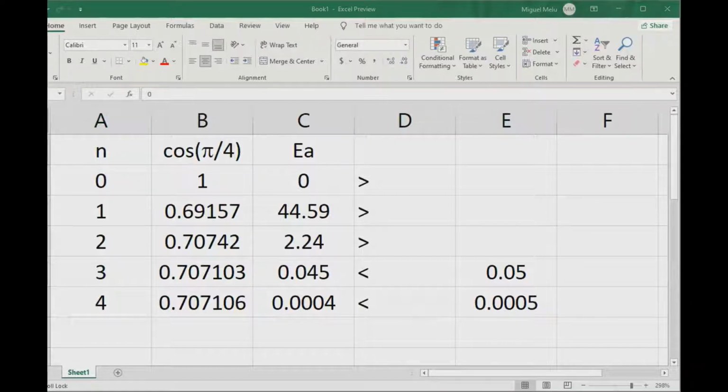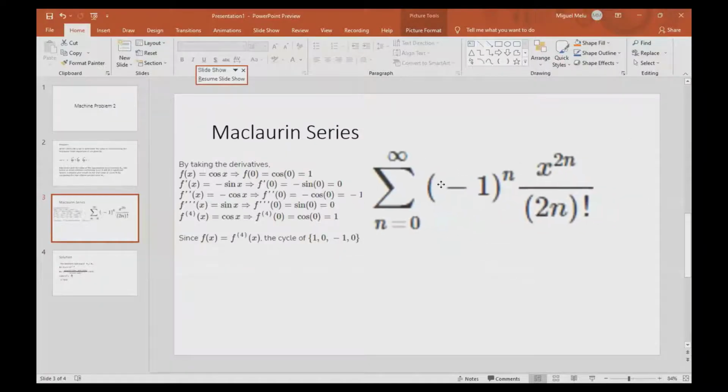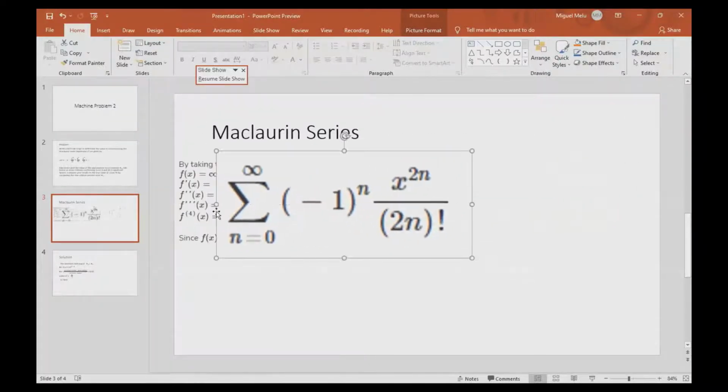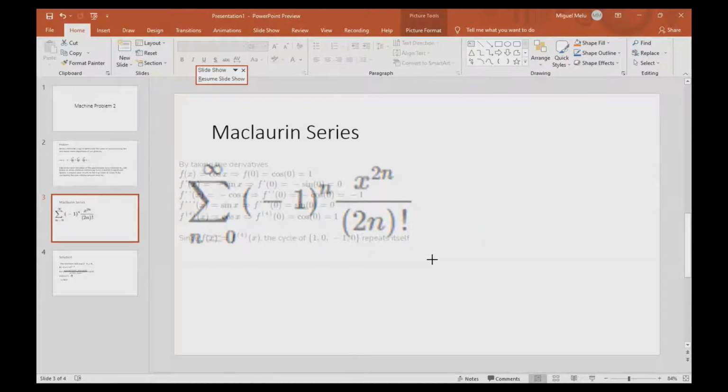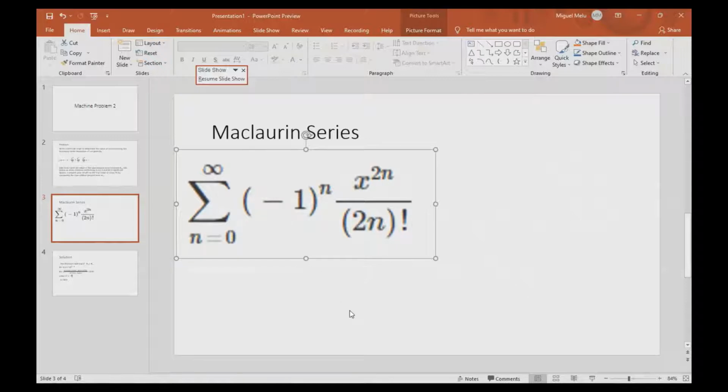By using this pattern, where n is equal to 0, negative 1 to the power of 0 will just be 1, multiplied by x to the power of 2n, which is 0, over 2 times 0 factorial. And we all know that 0 factorial is 1. So therefore, 1 times 1 is equal to 1.